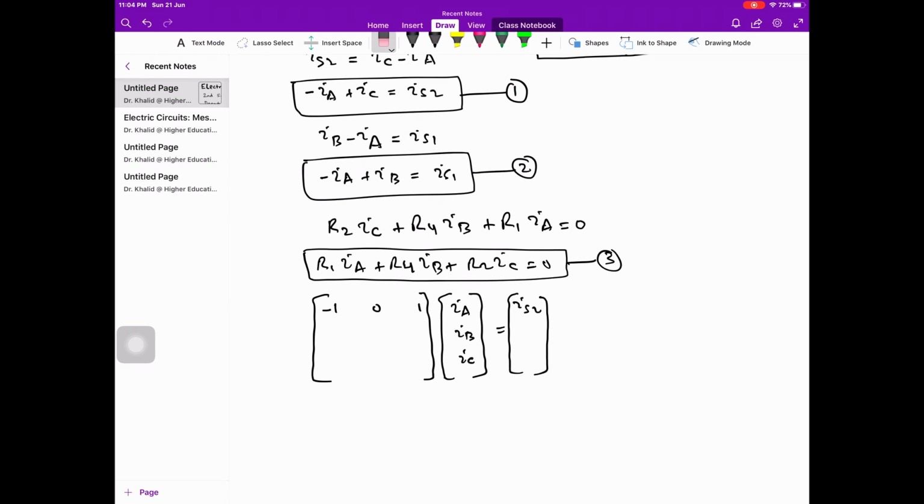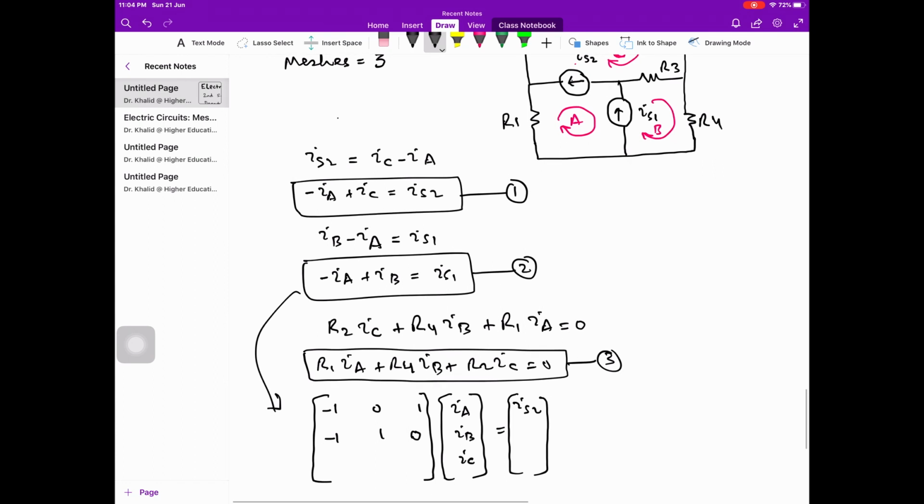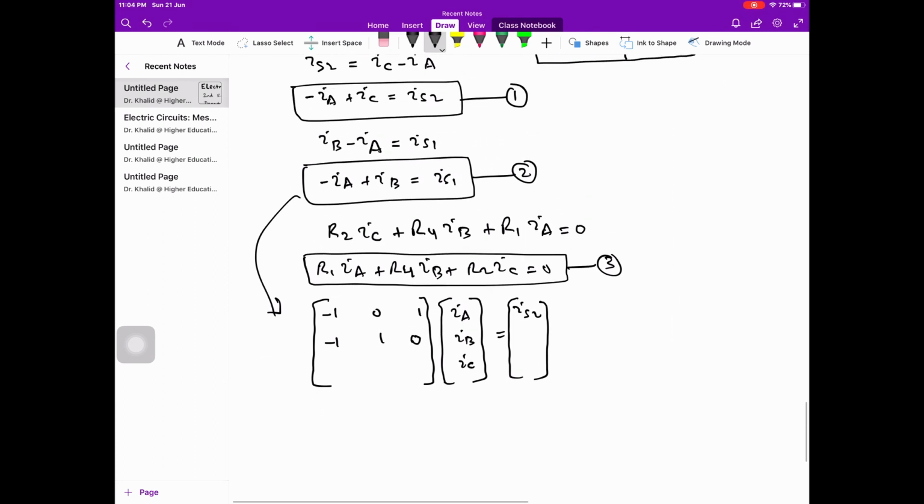And then the second equation: this is minus 1 IA and 1 IB. There is no IC term, therefore it is 0 over here. Let me check. This is okay. And the right hand side is IS1.